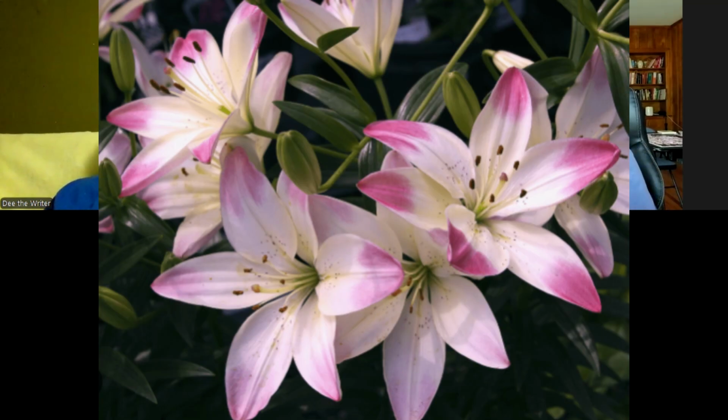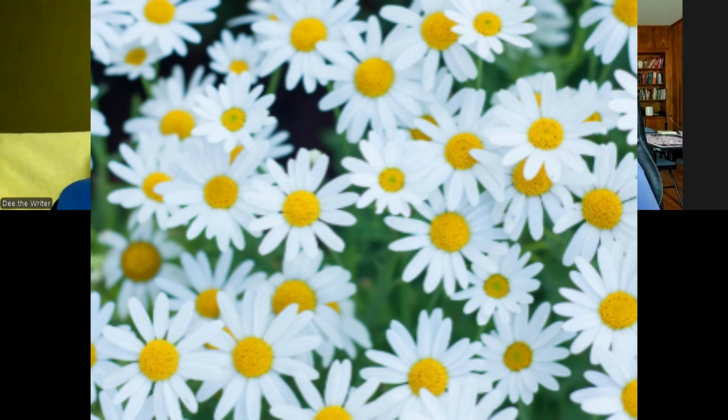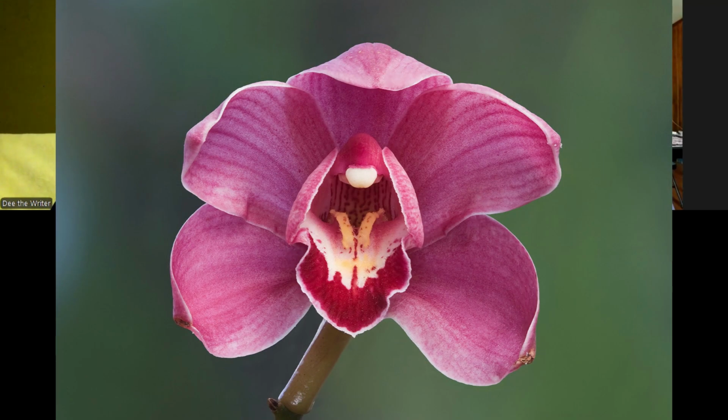The lily is elegant and graceful. People who appreciate the lily love beauty and detail, and they carry themselves with quiet strength. The daisy is honest and youthful at heart, and the person who likes daisies values authenticity and the simple joys in life. Now, an orchid: unique, creative, and a little mysterious.